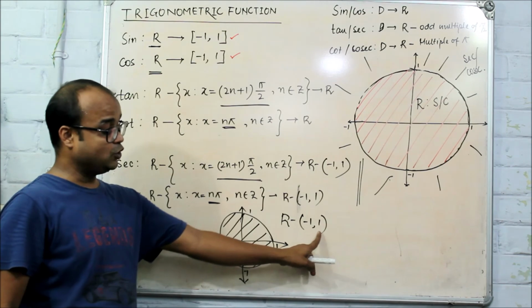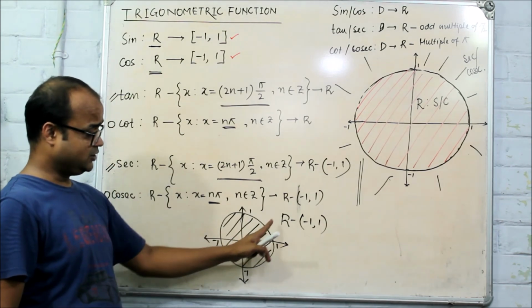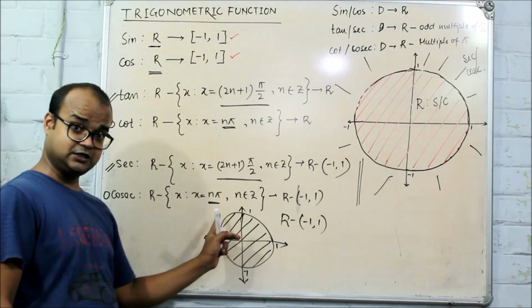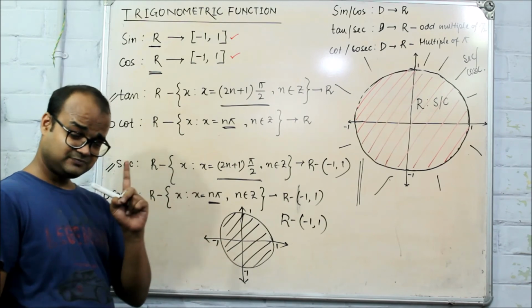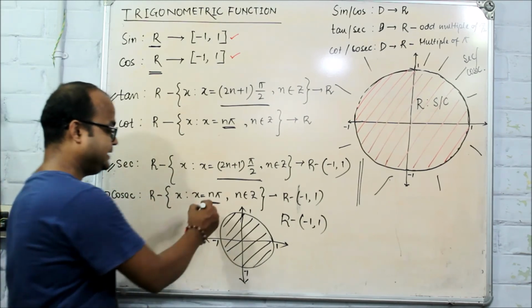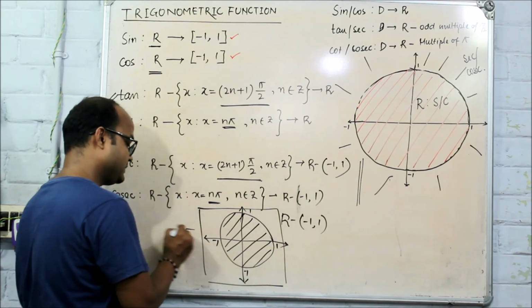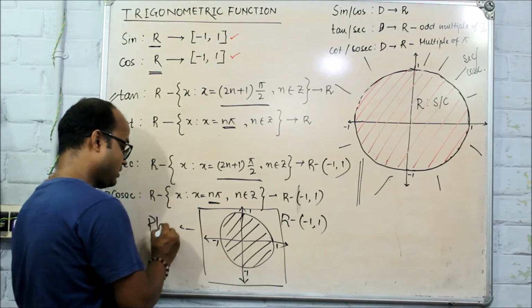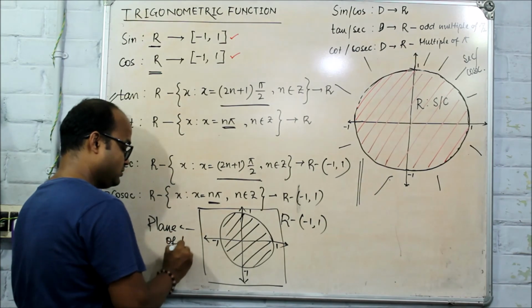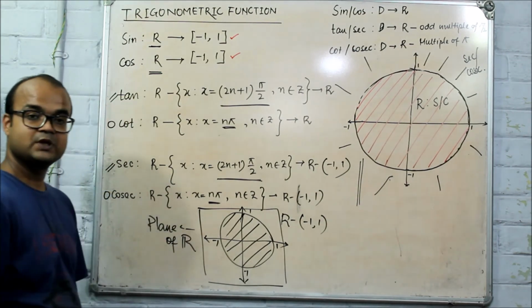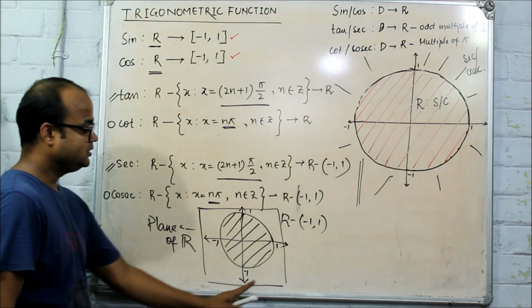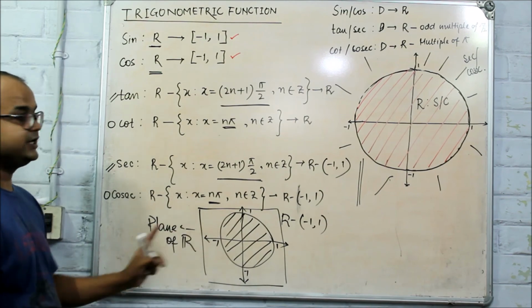So outside the circle, the region is for sec and cosec. And the entire piece of paper represents a plane of real numbers. So tan and cot range is R.